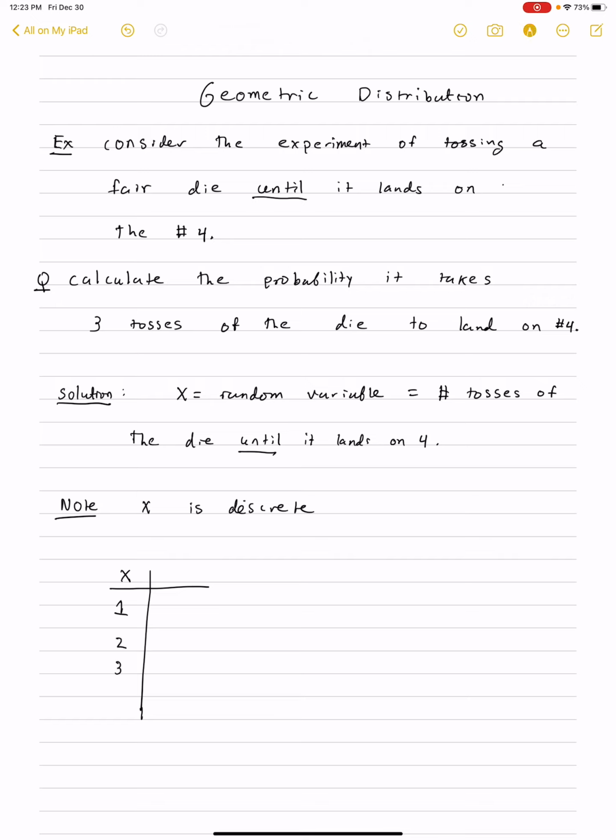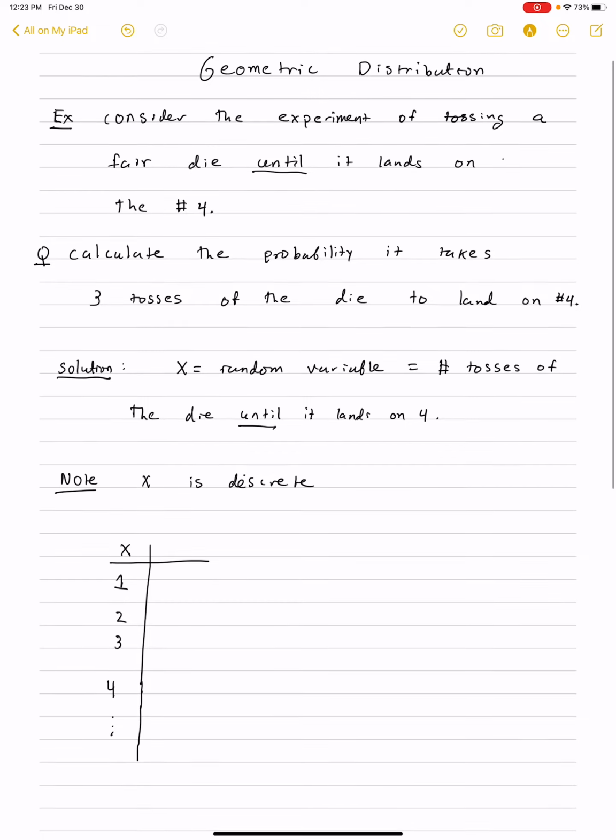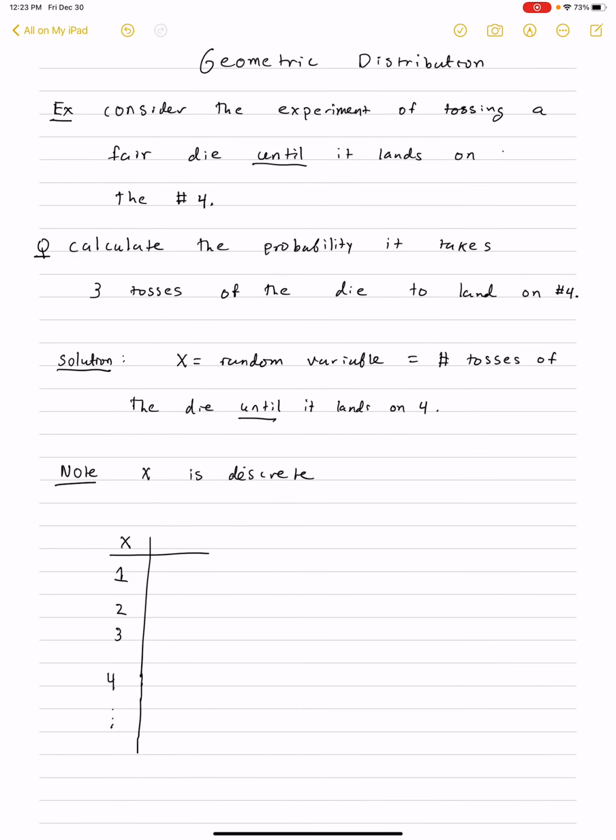Another possibility is it takes 3, 4. This keeps going infinitely many times. So even though X is discrete, it could be infinite, but it's what's called countable, or in correspondence with the counting numbers 1, 2, 3, 4, etc. So X is still discrete.